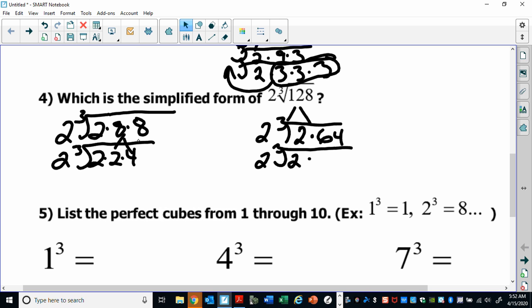Break that down. And then over here you'll have another set of 2 times 4. Then you'll break these two 4's down. So 2 times the cube root of 2 times 2. Remember, just bring those down. Break that apart. Bring that down. Break that apart.